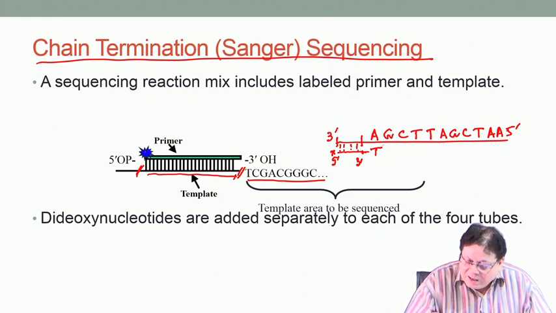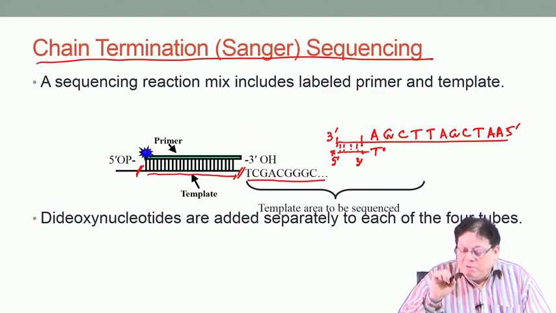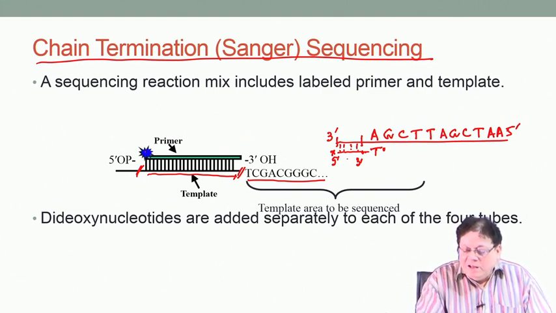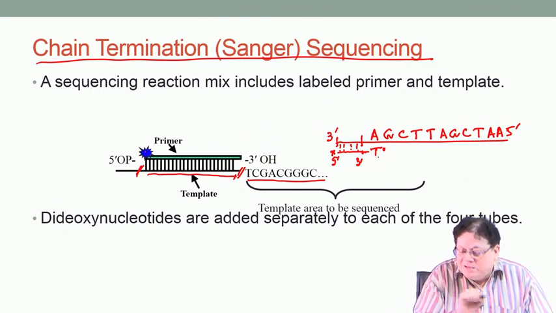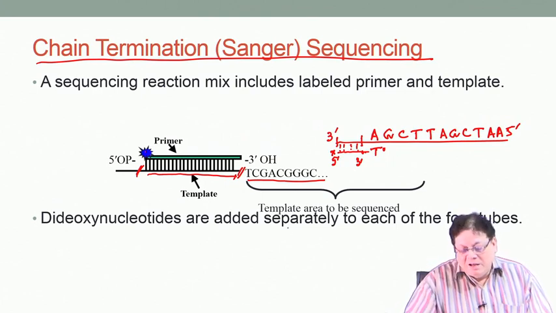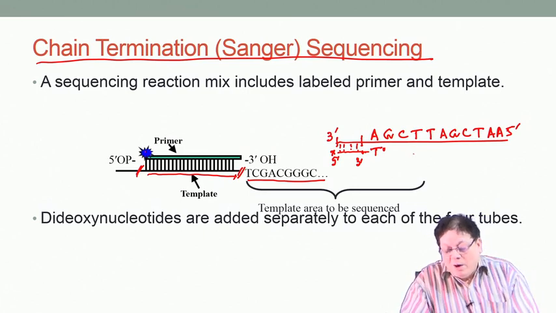So, let us make some kind of notation. Suppose this dot means dideoxy T. If dideoxy T is taken, the whole thing will stop here. Now, if the correct T is taken, that means the deoxy T, then what will happen?